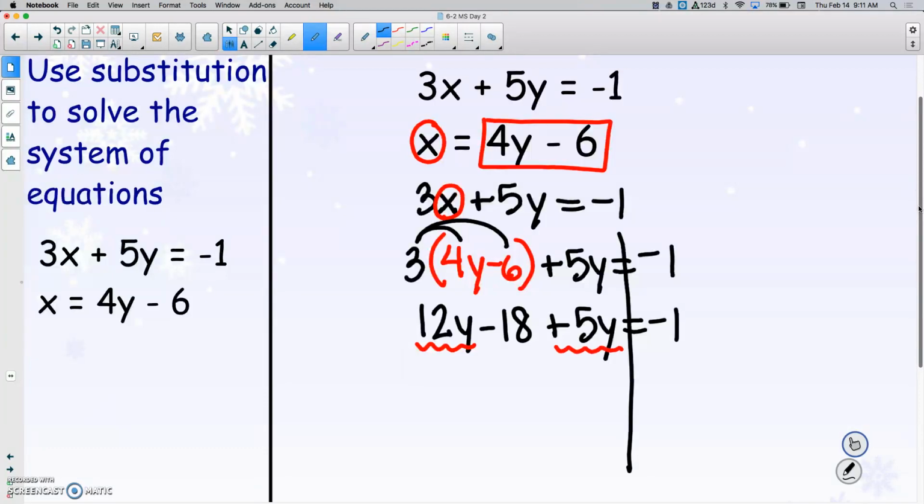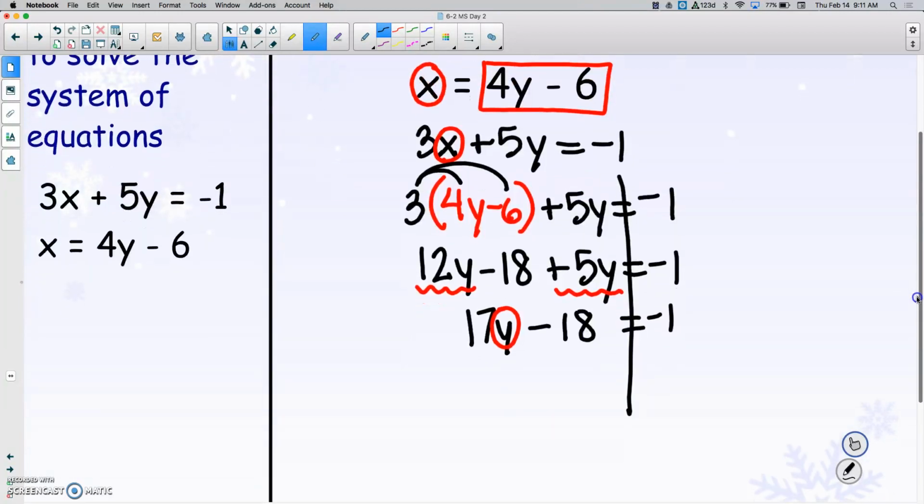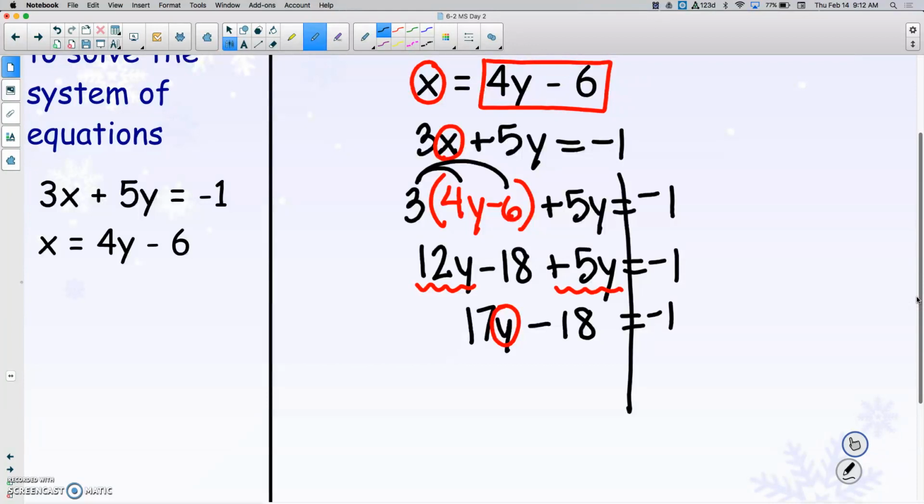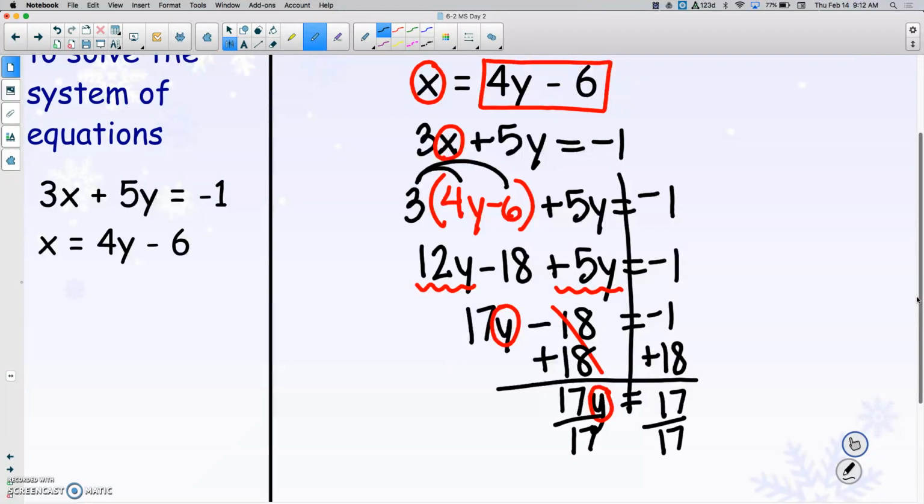The like terms on the same side. 12y plus 5y is 17y minus 18 equals negative 1. The inverse of subtracting 18 is adding 18. So add 18 on both sides. 17y then equals 17. And if I divide by 17, y equals 1.